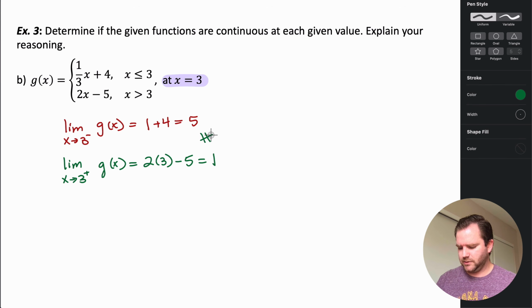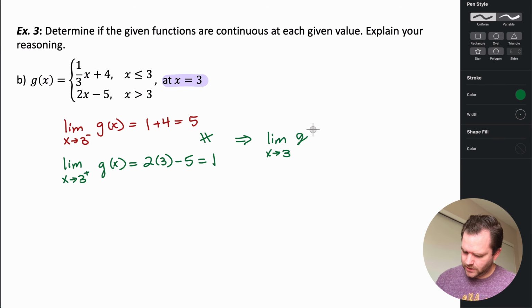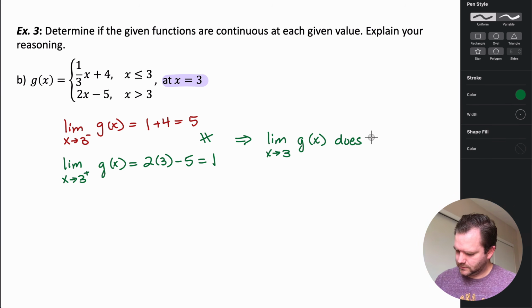Because these are not equal, this tells me that the limit as x approaches 3 of g of x does not exist. Therefore, g of x is not continuous.